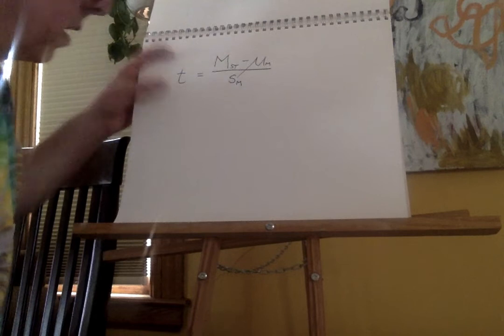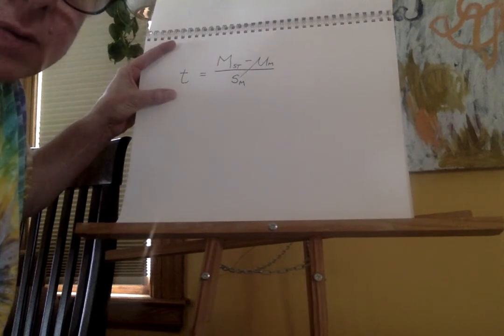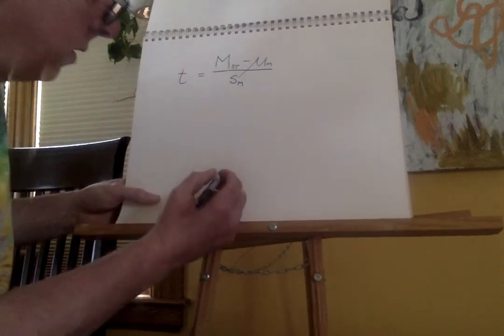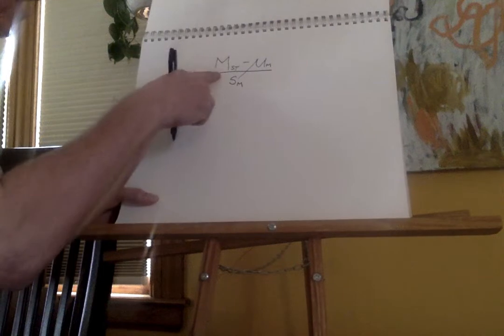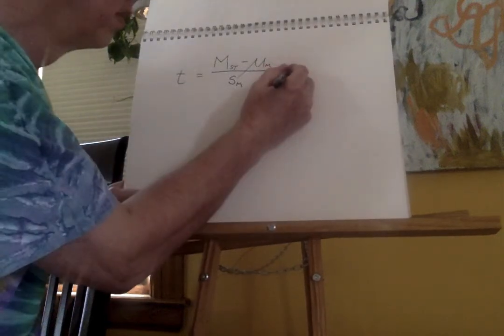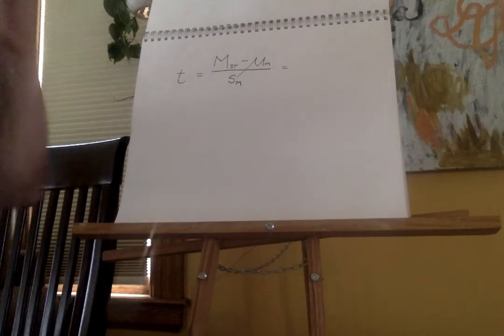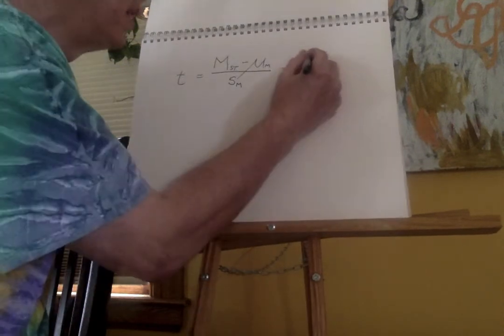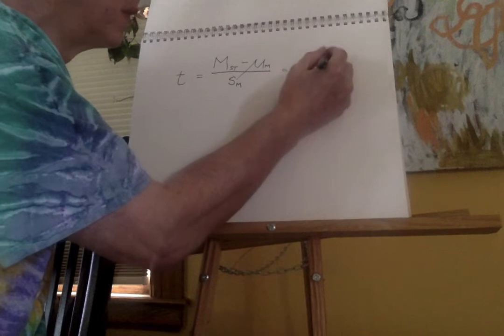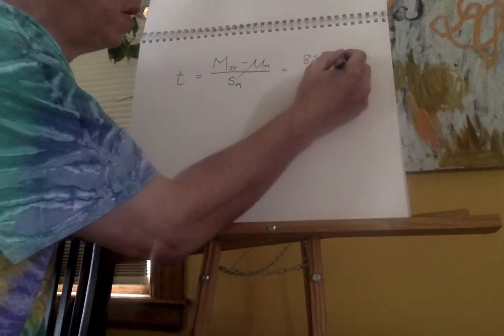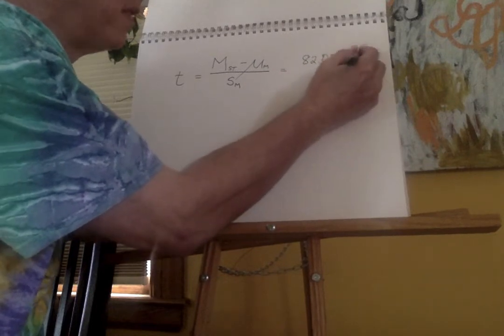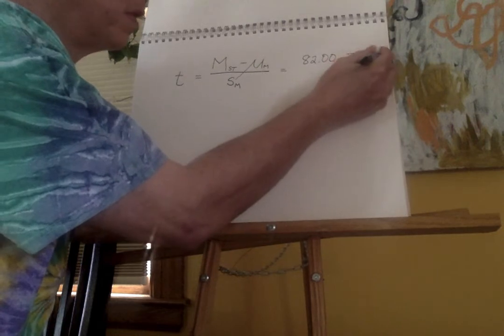Well, listen, here's the big formula, but here's what we need to do. I know that this is the mean for the sample, and by the way, did you guys calculate the mean? The mean for the sample was 82.00. We're going to compare that to 74.52.